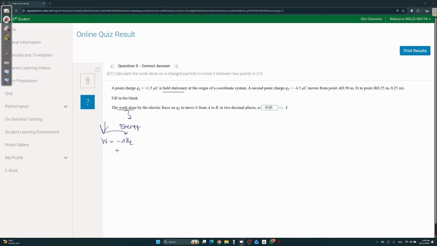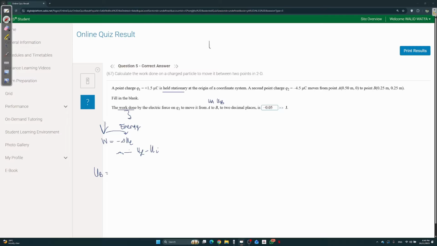Now the change in potential energy is nothing but U final minus U initial. So we can find the U at B and the U at A, subtract them to get delta U, and just make that value negative. So let's find UB.